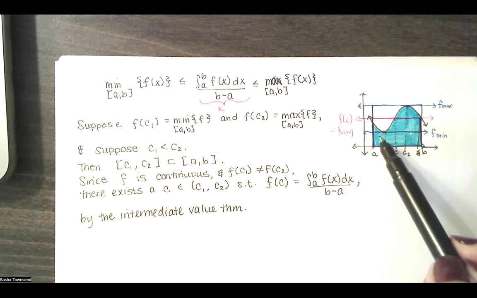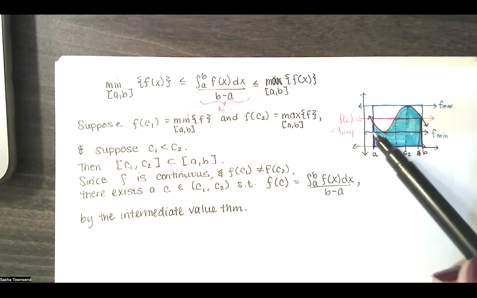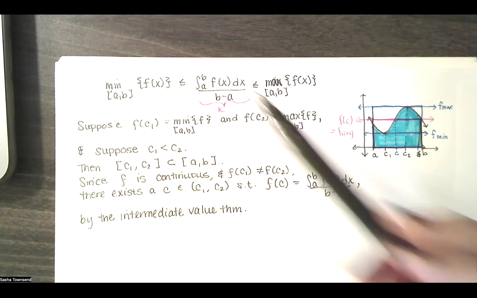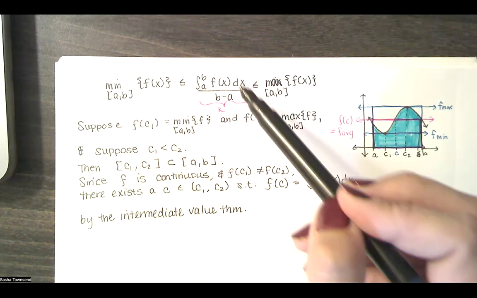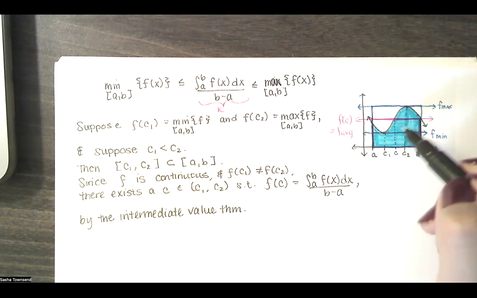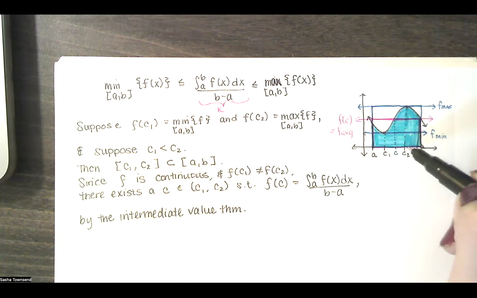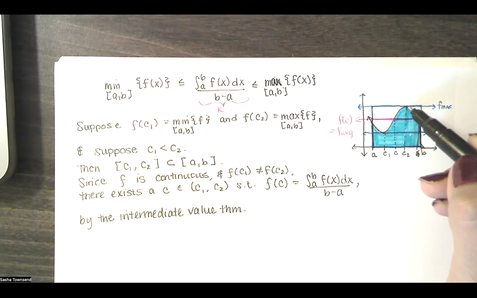And the minimum value and the maximum value are different from each other. So the intermediate value theorem guarantees that there is an x value such that f of x is equal to this on that interval. And the interval starts at the x value that maps to the minimum and ends at the x value that maps to the max.